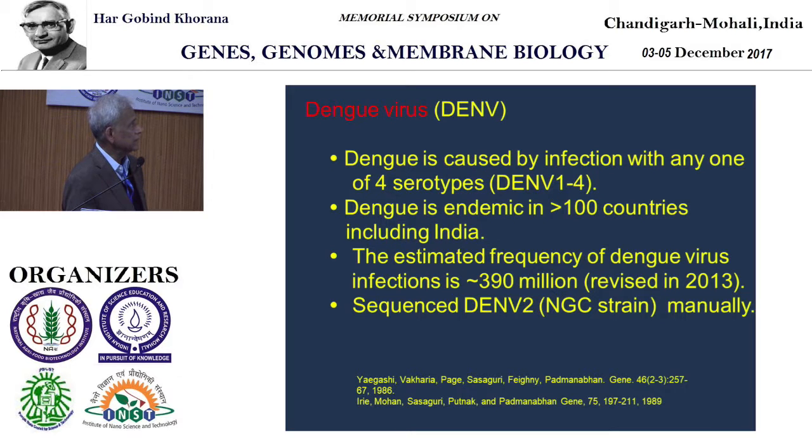We sequenced the dengue genome, New Guinea C strain, which is a prototypic strain of dengue type 2, manually using Maxam and Gilbert and Sanger dideoxy sequencing.